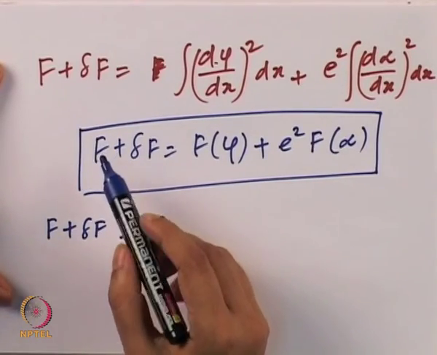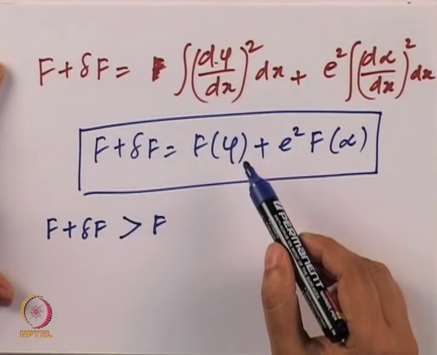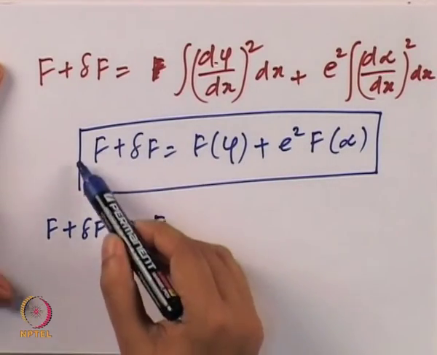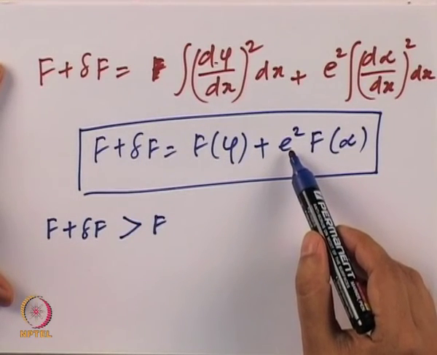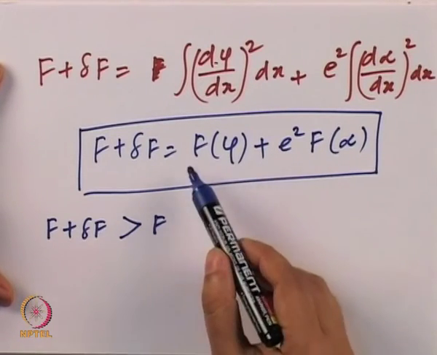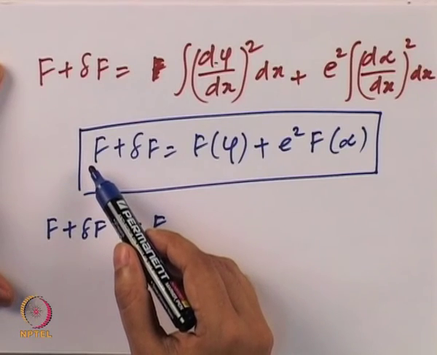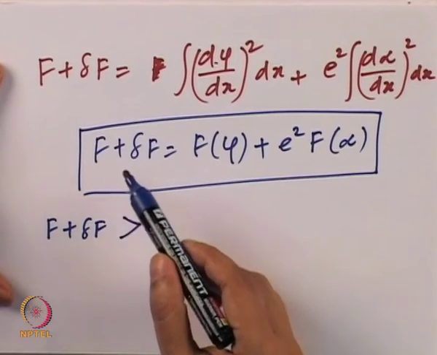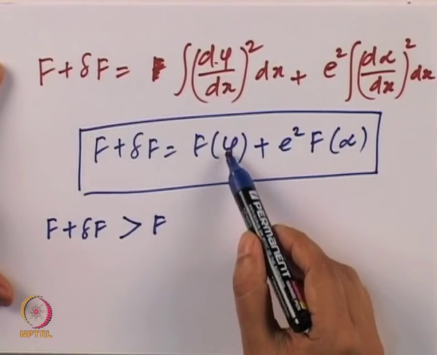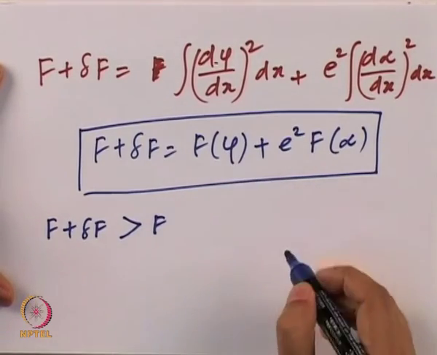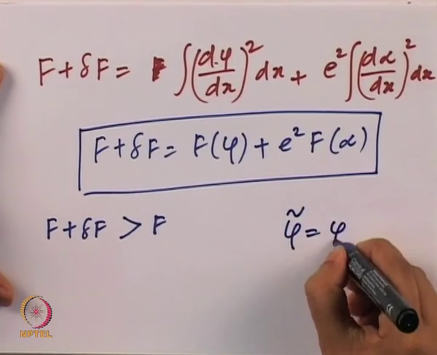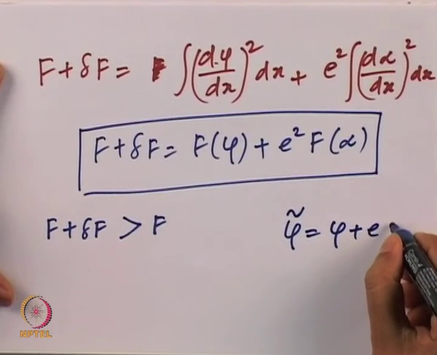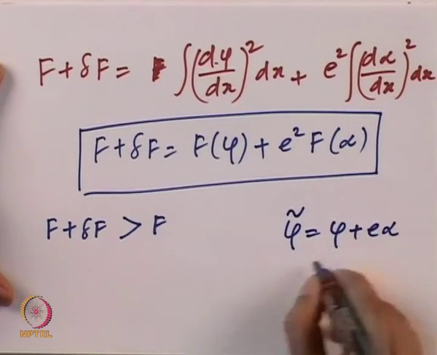Because of this dependence of the error in the energy approximation, where f is the energy approximation, on e square rather than e itself, the value that we get through the approximate solution for energy is much more accurate than the value that we get for phi itself, because in the case of phi, the approximation is phi plus e alpha, as we have defined it.